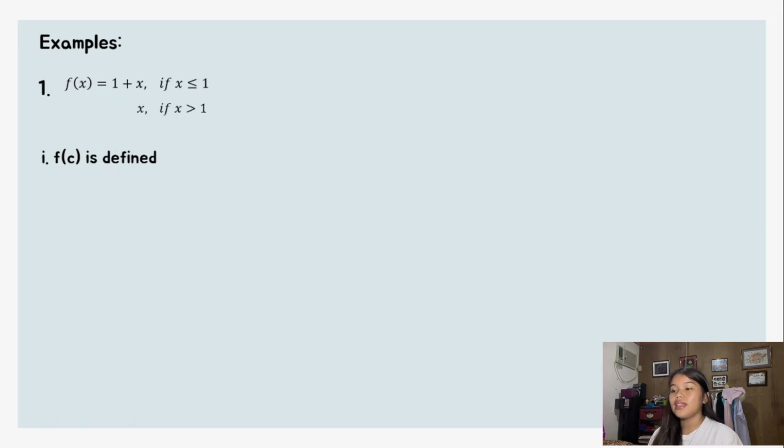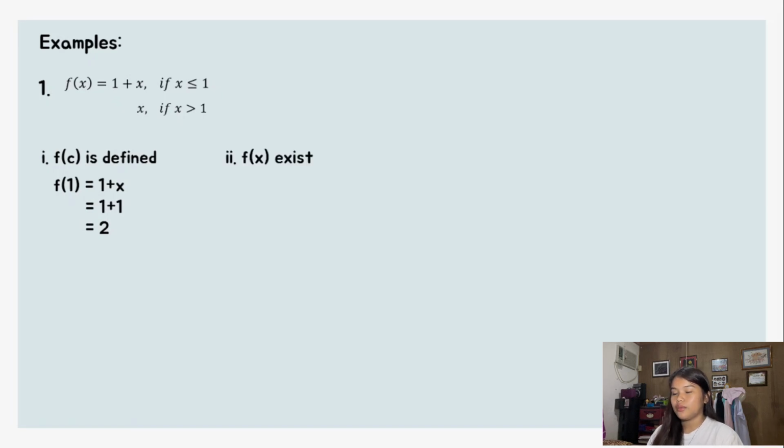In finding this, we need to look for the equal sign. As you can see, we have here less than or equal, so this is going to be our c. That would be f of 1. Therefore, we use 1 plus x. Just put the value of x in here. That would be 1 plus 1, and that will be equal to 2.